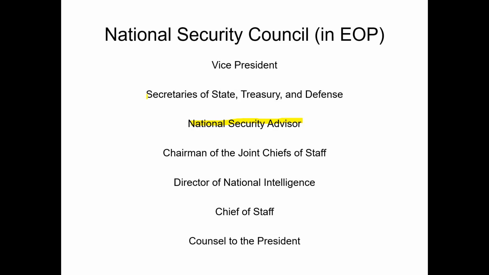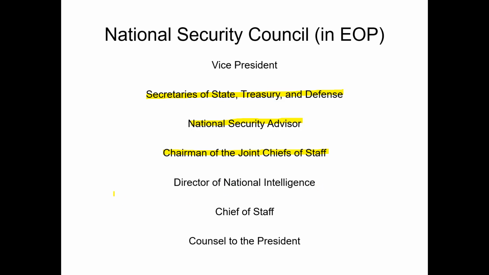Along with the vice president, we also see that the secretaries of state, treasury, and defense are the 3 most important cabinet department heads that sit in on this meeting. The chairman of the Joint Chiefs of Staff, we'll see in a minute, is overseeing the armed forces. We'll look at the Office of the Director of National Intelligence a little bit more, Chief of Staff, Counsel to the President. So these are fairly regular meetings that the president has with the National Security Council with those people involved.